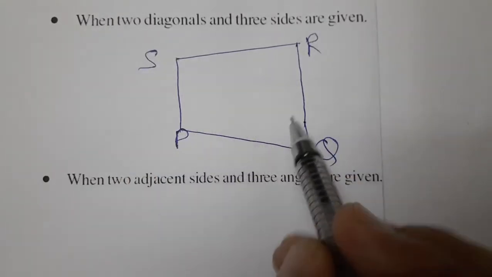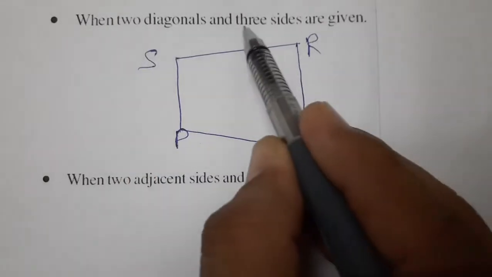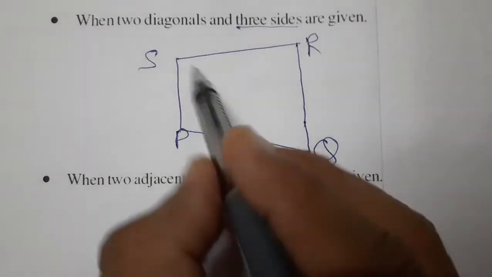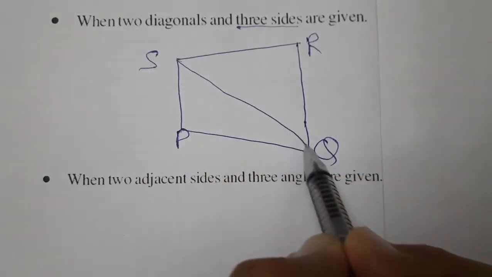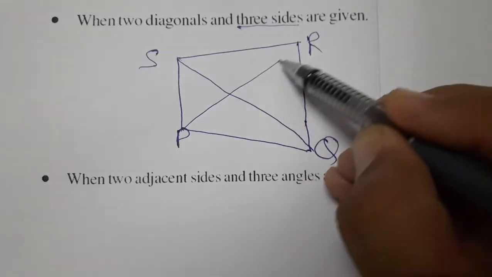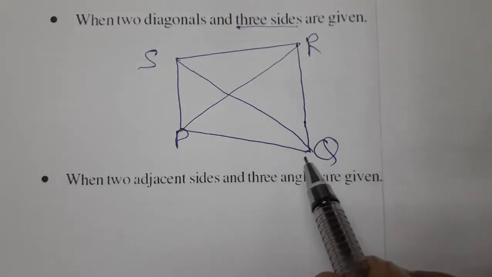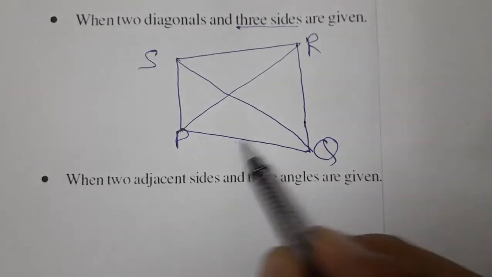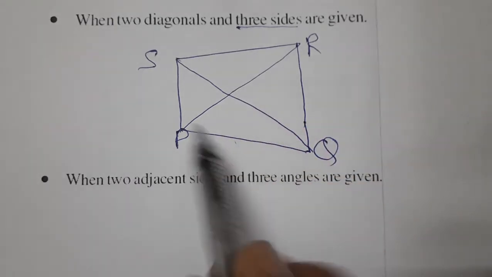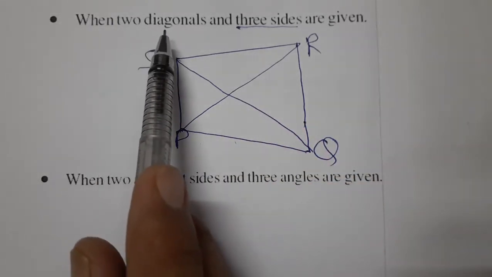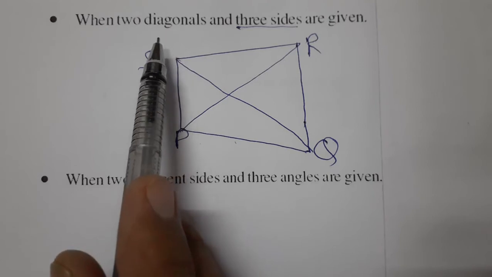Two diagonals and any three sides are given to us, children. This is the first diagonal, this is the second one. So this is the second required condition. Two diagonals and any three sides given, then we can also construct a unique quadrilateral. So this is case number 2.